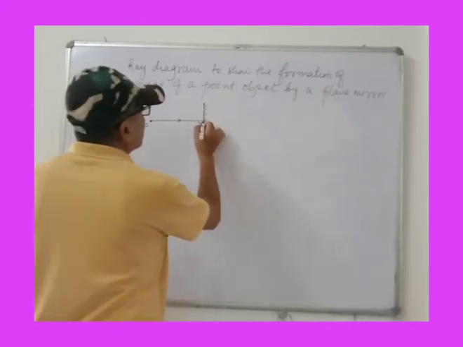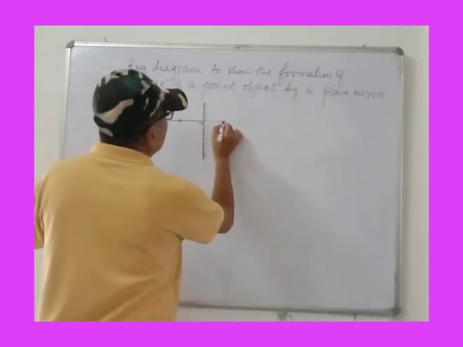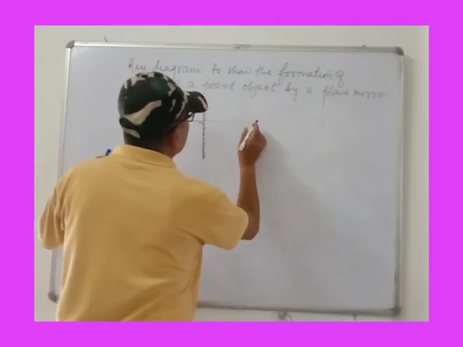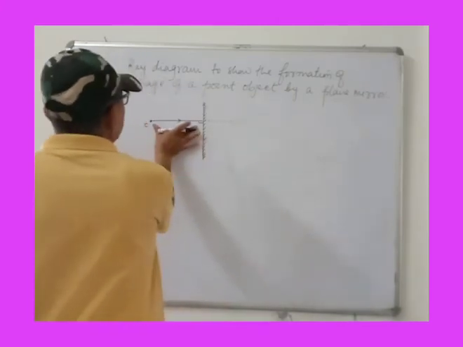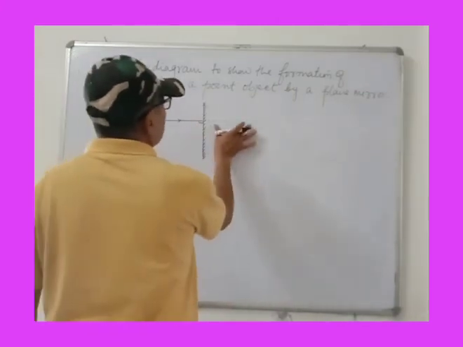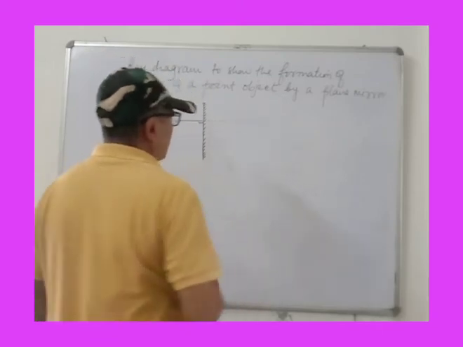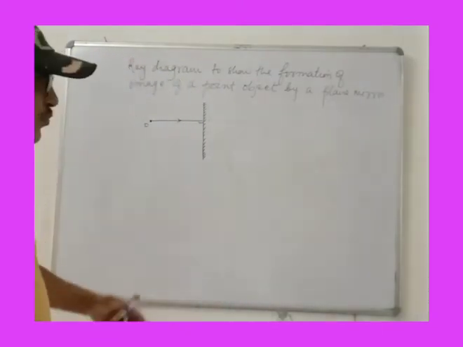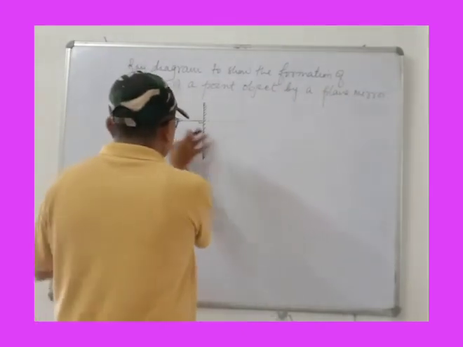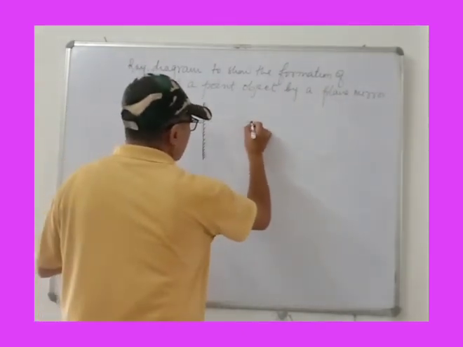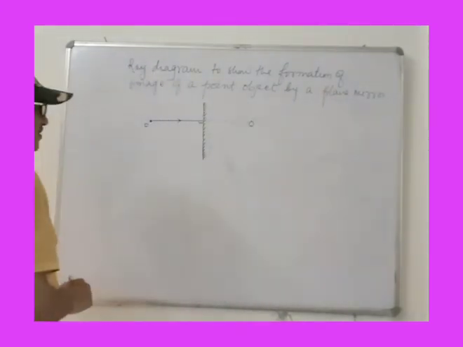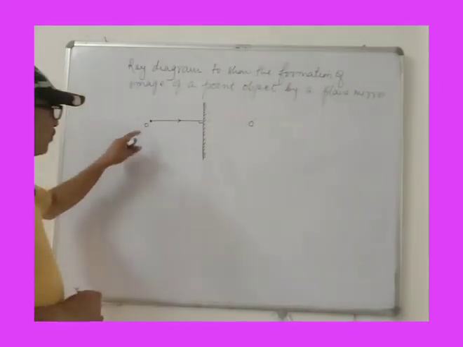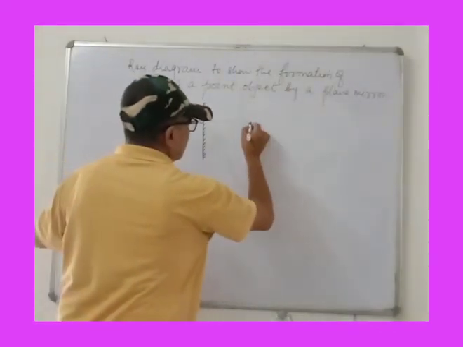But dotted lines, remember this, very important. Dotted line that side, because it's not going to happen really. It is virtual. Same distance, so it will be O dash. Image of O is O dash.